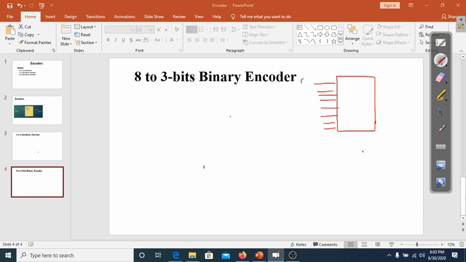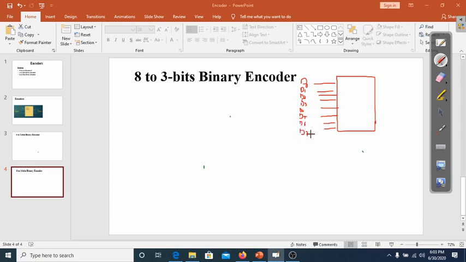So these are D0, D1, D2, D3, D4, D5, D6 and D7.